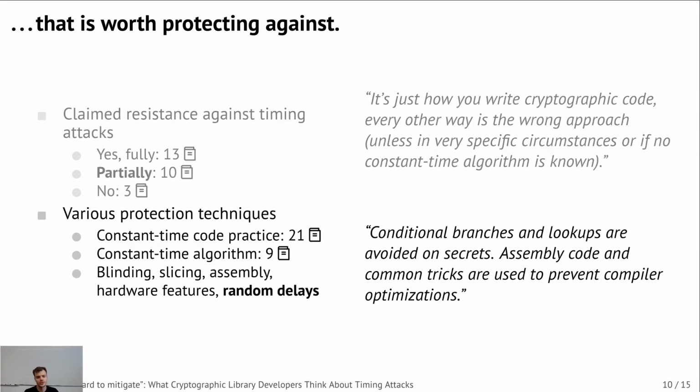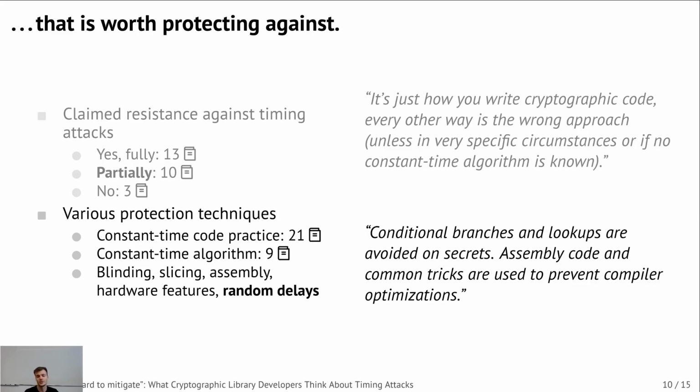Now, these libraries showed various protection techniques, with most choosing what we call the constant time code practice that I described at the start, where conditional branches and lookups are avoided on secrets, with the addition of some more tricks like assembly code and common tricks, which are there in the hope of preventing compiler optimizations.